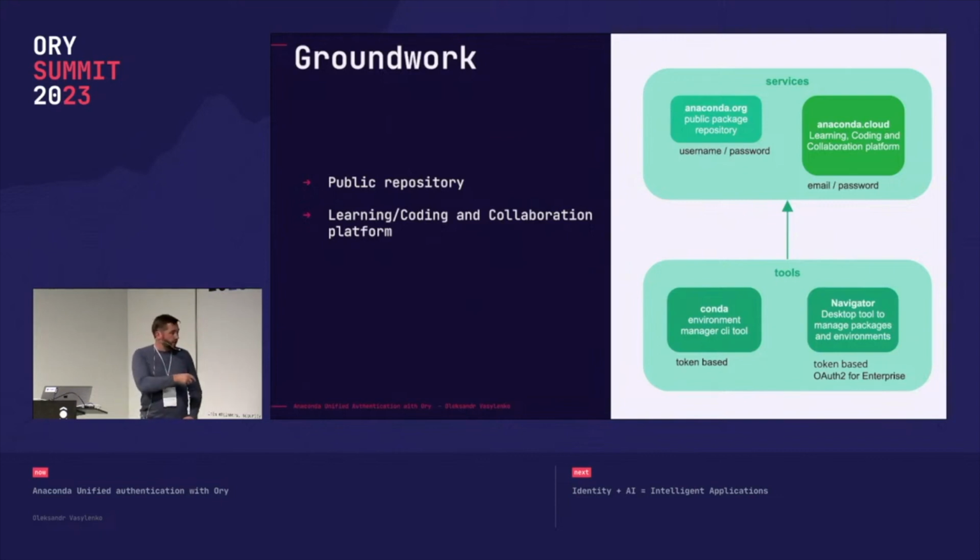Conda and Navigator were using packages from this anaconda.org repository. By default, you don't need any authentication for Conda to use packages from public sources, but you need a token to access packages from private sources. And anaconda.org has username and password-based authentication.